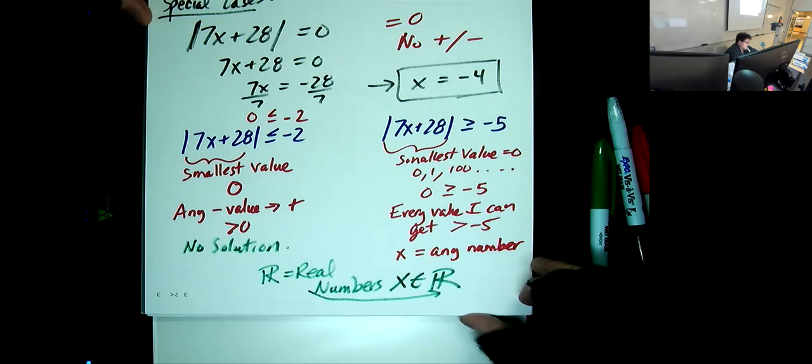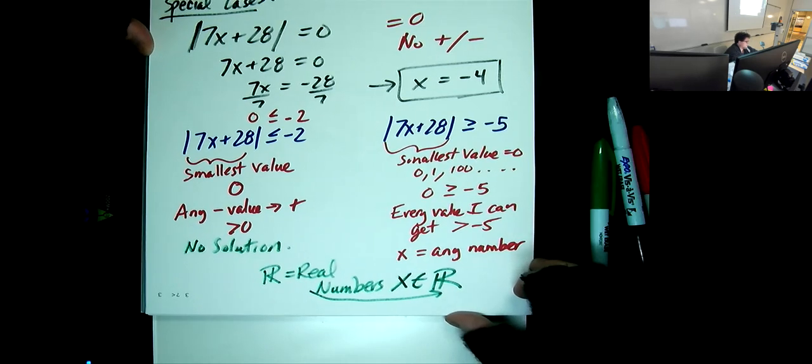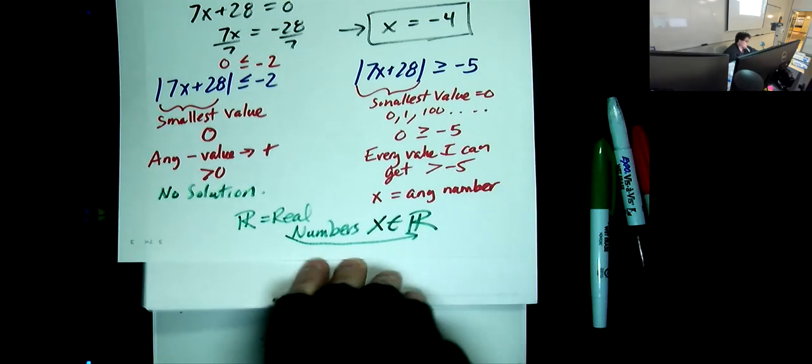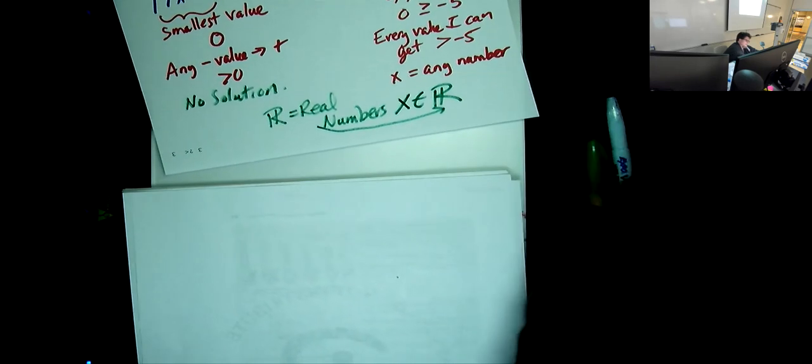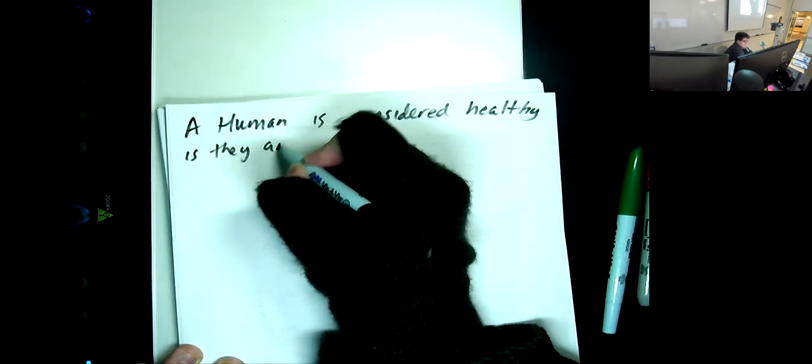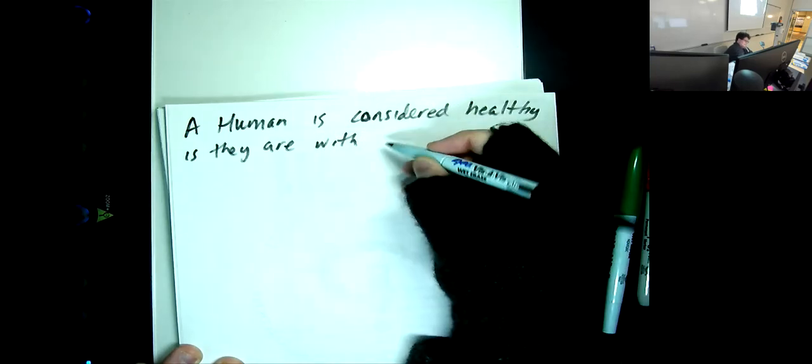So absolute value actually shows up a lot in trade stuff, where what you're looking at is a margin of error. It also shows up in other things like the average human is considered healthy if they are within, I don't know, 3 degrees Fahrenheit of normal body temperature.